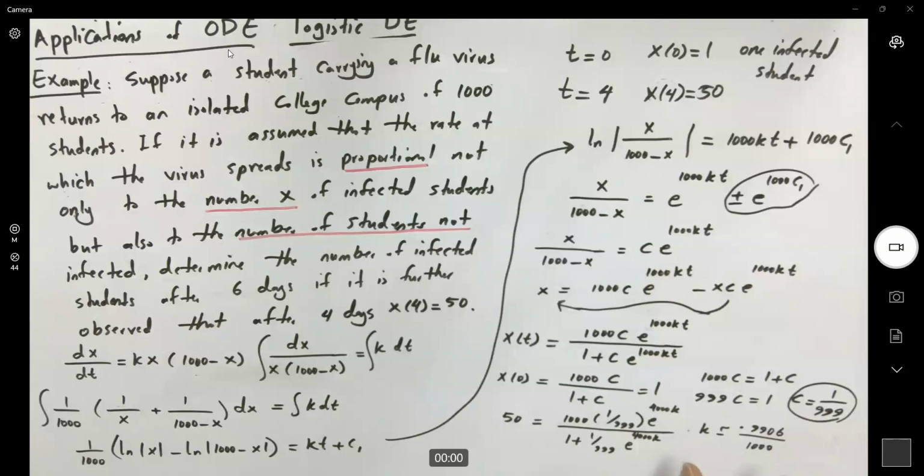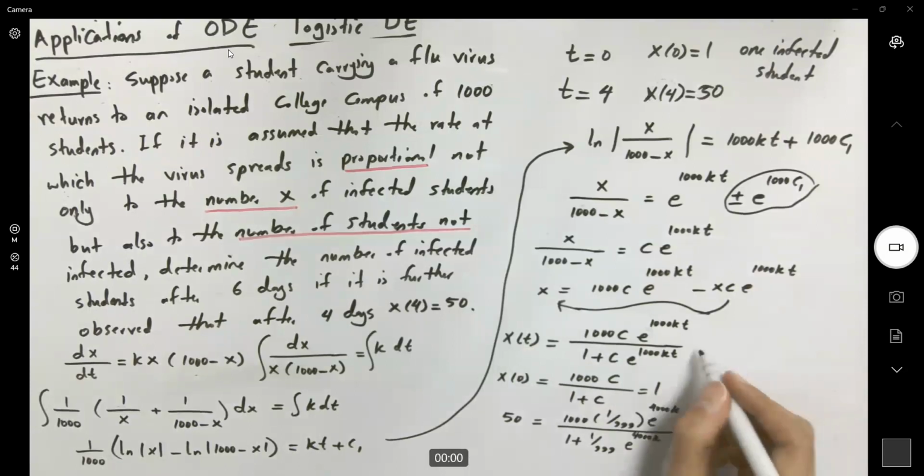So if you look at our equation here, the equation becomes 1,000 times 1 over 999 e to the power k times 1,000, and the 1,000s get canceled out.